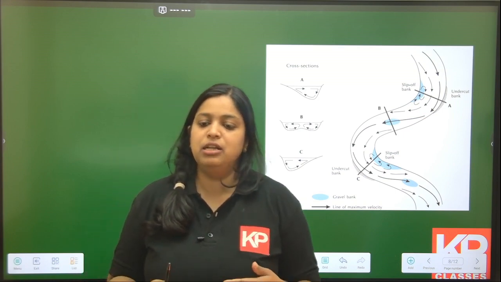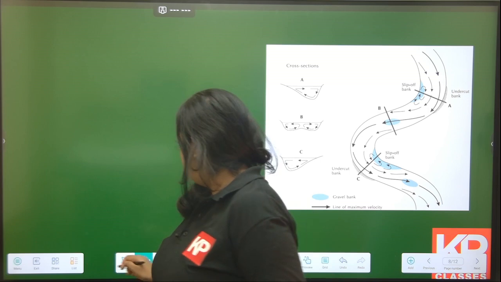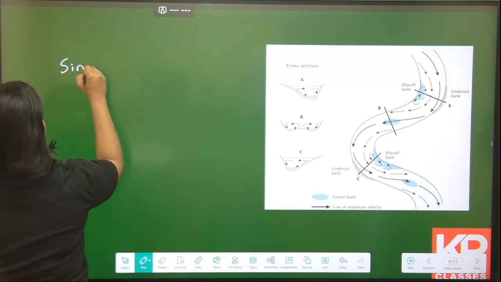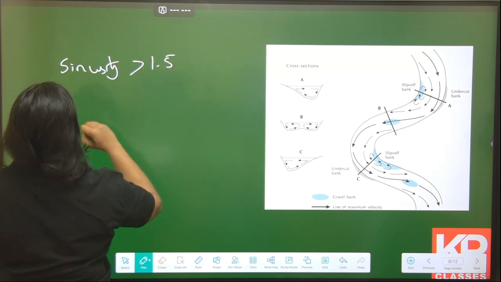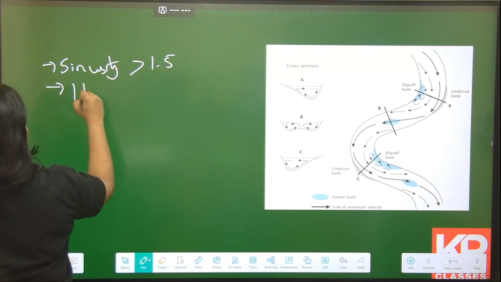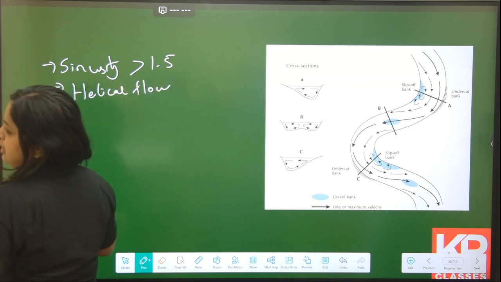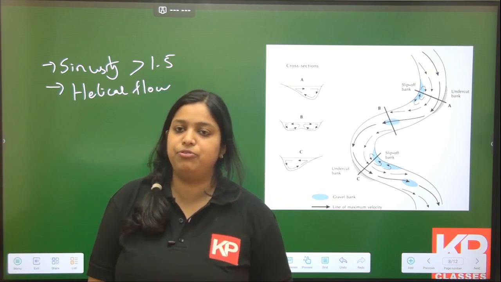As I said, the meandering channel has a much higher sinuosity value. That's the first thing you have to keep in mind: sinuosity is greater than 1.5. Next thing is it has a helical flow. Helical flow is the second criterion of a meandering channel.